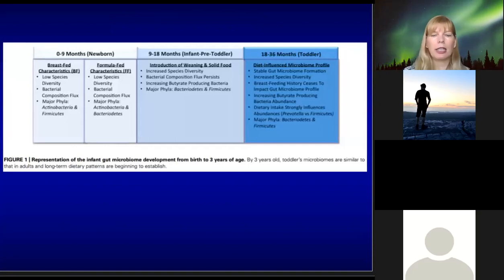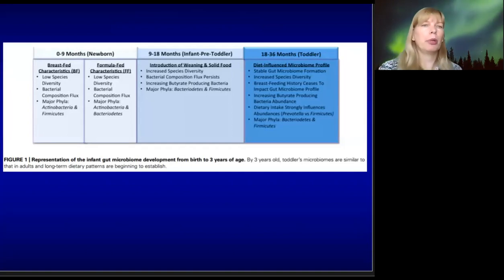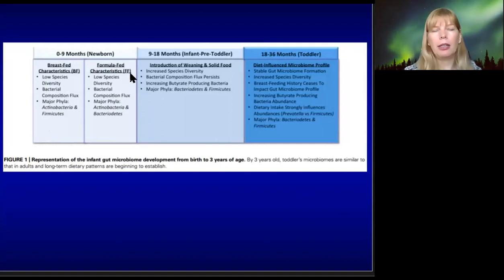So this is looking at the idea of the progression going from birth. Here they're looking at even the difference between if the baby is breastfed or formula fed. And again, they can see some major differences in what types of microbes initially colonize the infant, depending on what food they're eating, which, if you think about it, makes sense.